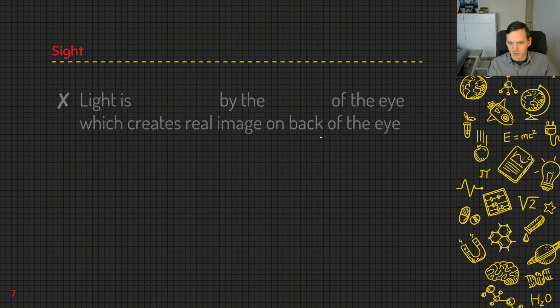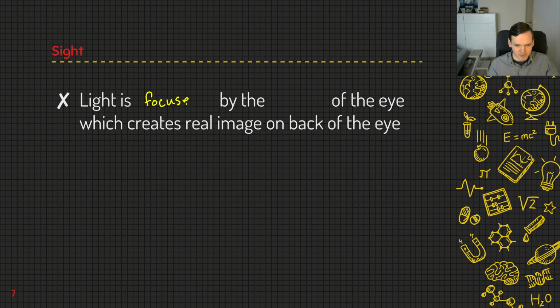So now, how does sight work? Well, sight works by having light focused on the back of the eye by the lens of your eye. So in your eye, you've got a lens, and it's basically taking in light from all around and making a real image on the back of your eye.